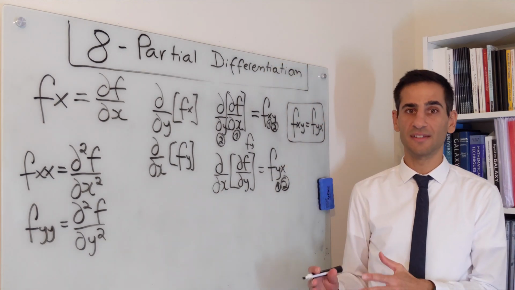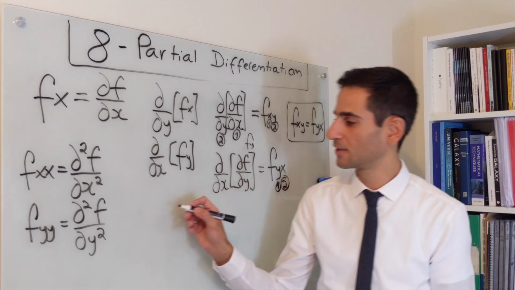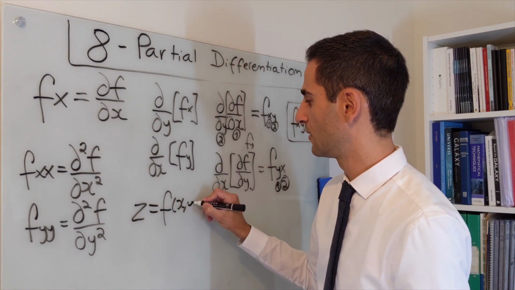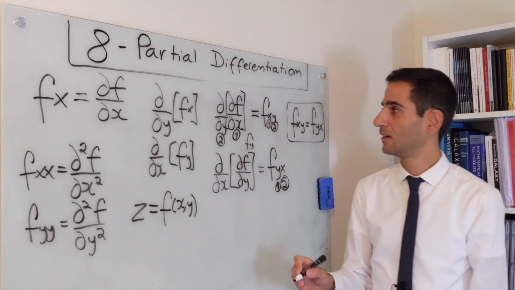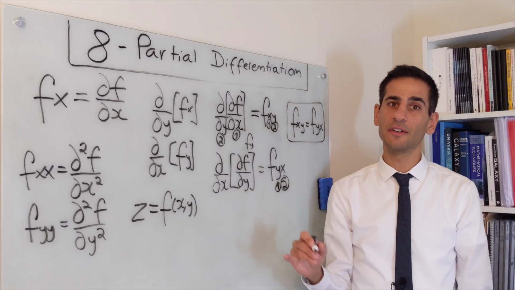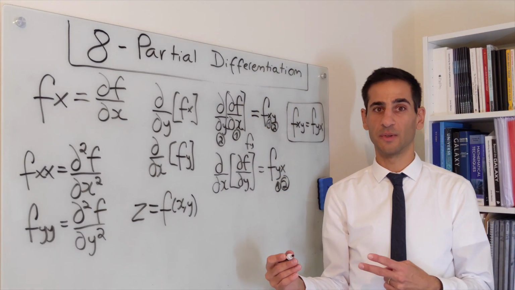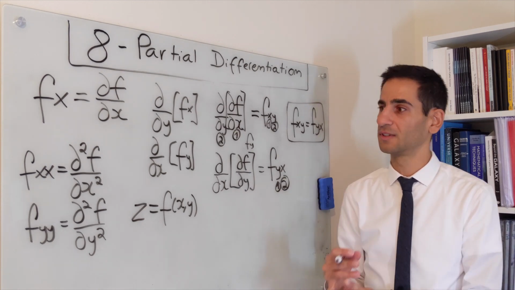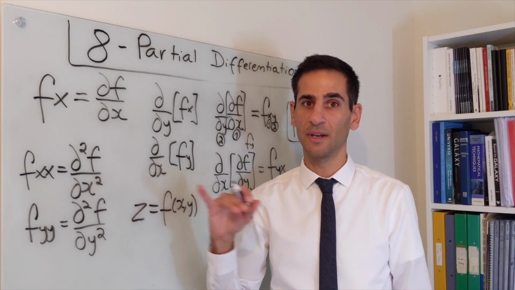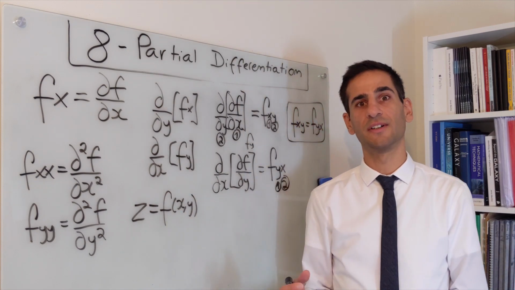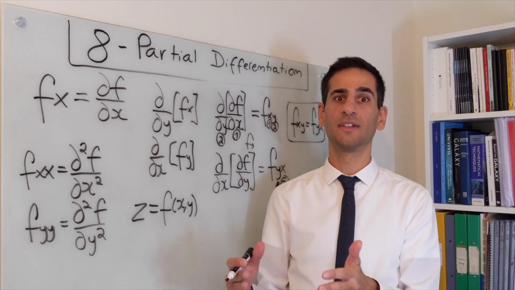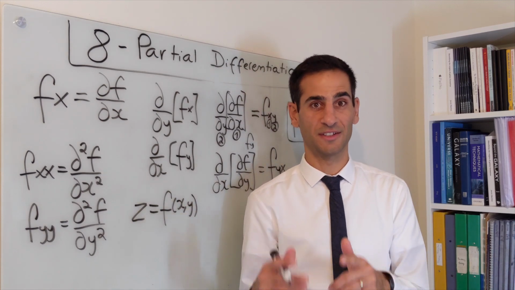Stationary points of curves of the form z equals f of x, y are obtained when the first order partial derivatives are both zero, so you end up with two equations. You solve them, you get stationary points, and then you calculate the second order partial derivatives to classify them in terms of being a maximum, minimum, or a saddle point. But we'll get there in the next subsection.